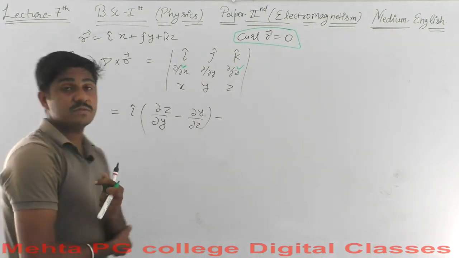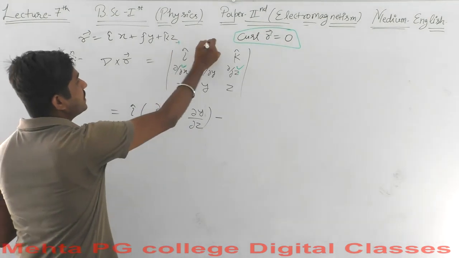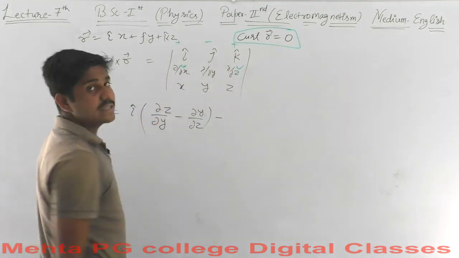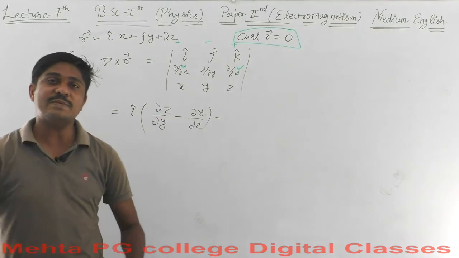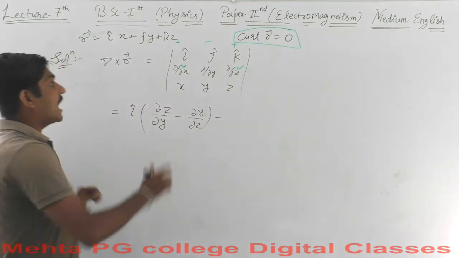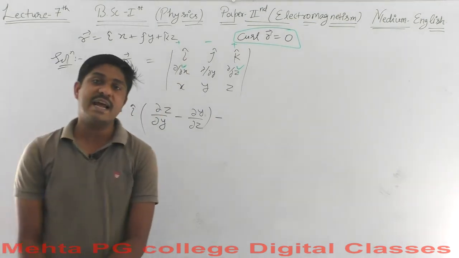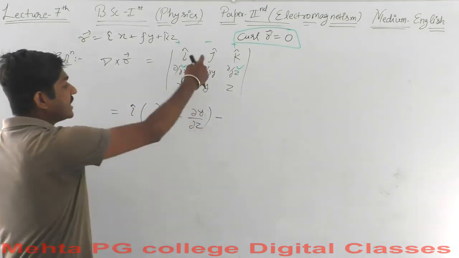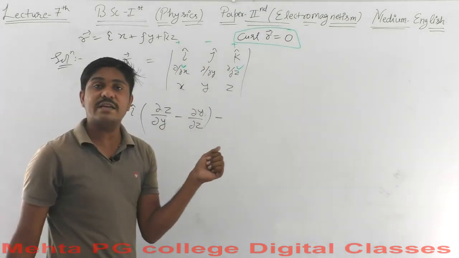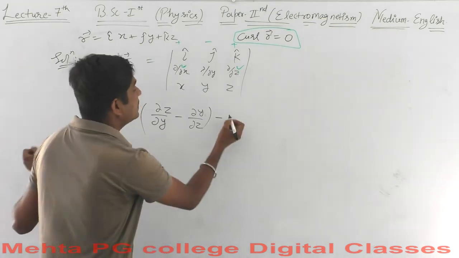But the order of signs is plus, minus, plus, so we follow this order. According to it, i cap is taken positive and j cap is taken negative. If you write it positive, then you take a negative sign out of the bracket and it will be a positive sign.